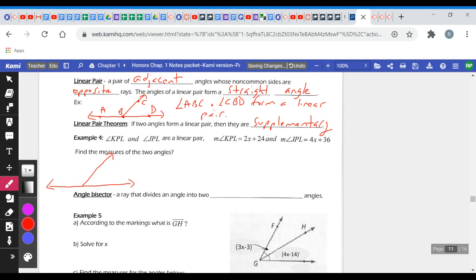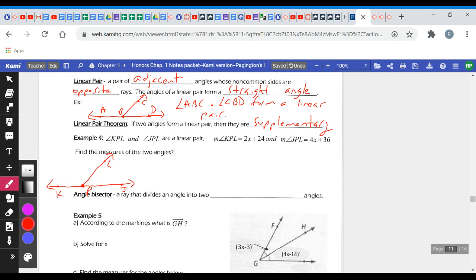If it says KPL and JPL, I can see that the side they share is PL, that ray they share. And since the P is in the middle, P is at the vertex. So you have to pay attention to some of those little clues. It doesn't matter if I put K here on the other side, and same with the J.